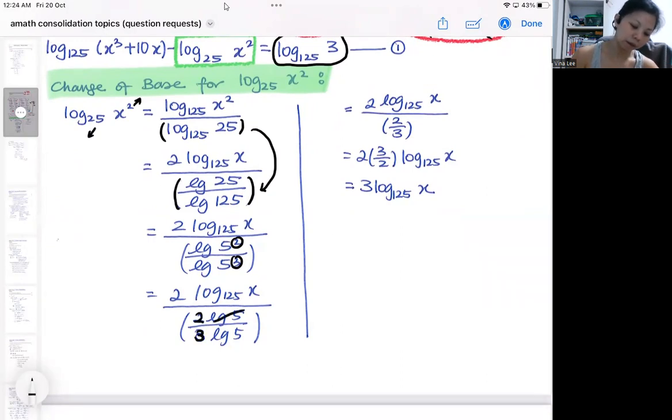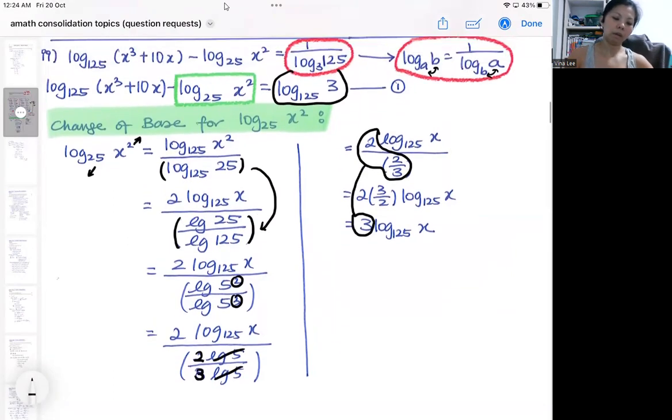And it will help me to cancel off. And I'll be left with 2 divided by 2/3. So 2 divided by 2/3 is the same as 2 times 3 over 2. Or you can just punch calculator directly. That will give you a 3.